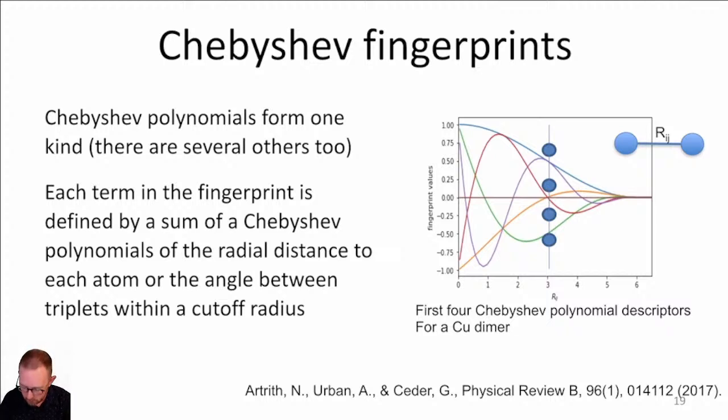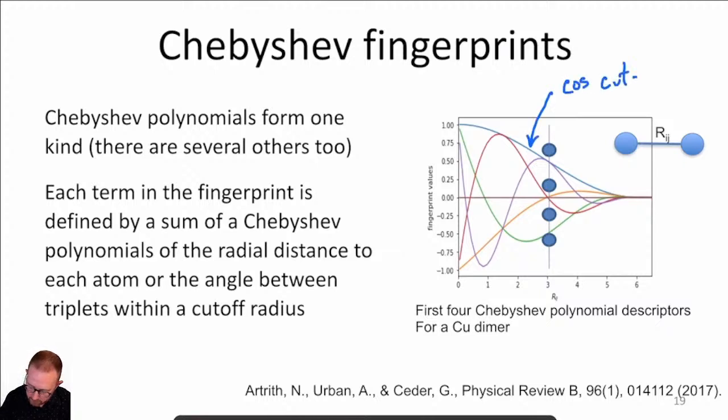In this line, the blue line is like a cosine cutoff radius, and that is designed to go to 0 around here smoothly. So we do exactly the same thing. There is a smooth cutoff function that makes anything outside, this is actually at about 6 angstroms, cut off to 0, and that is what makes it linearly scaling.